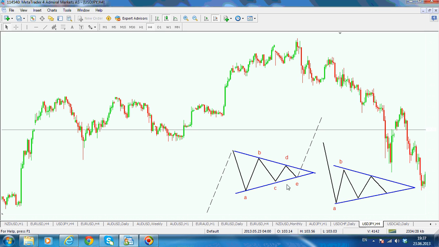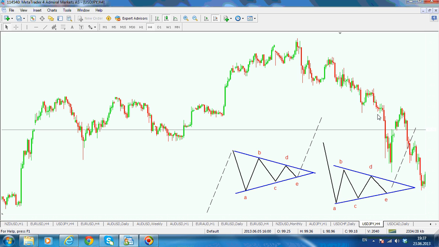A, B, C, D, E, and after the E wave, we should mark the end of the wave of a higher degree. In such a case, price is coming from the upside, as you very well see, and is breaking to the upside.